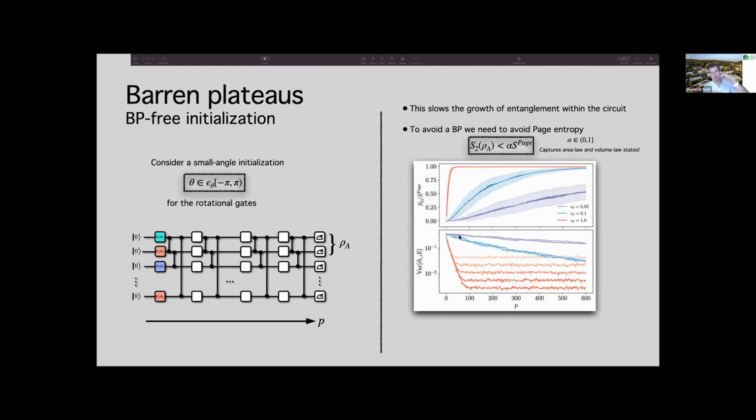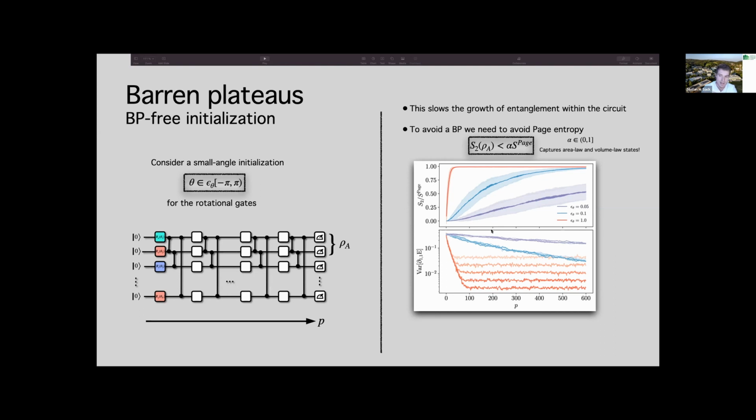Now, if we restrict the angle range, the blue curve, the entanglement builds up a lot slower, and you can see that the gradient variance is well behaved here. It doesn't decay exponentially. And if we go even smaller to this epsilon 0.05, the purple curve, the gradients are even larger. So basically, to avoid a Barren Plateau, you need to avoid page entanglement entropy, which is associated with a random state, with a random unitary.